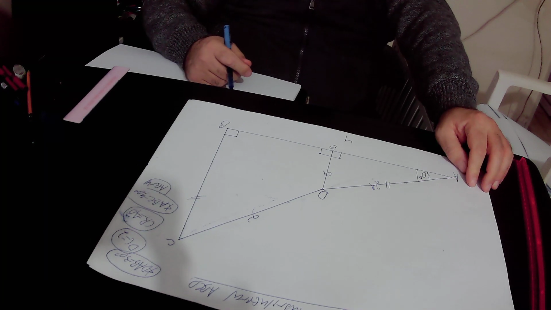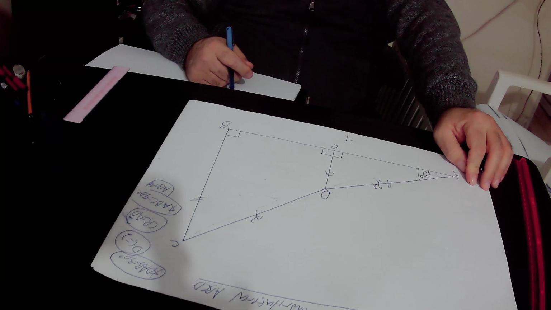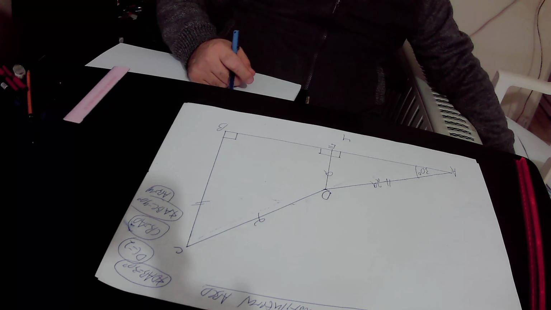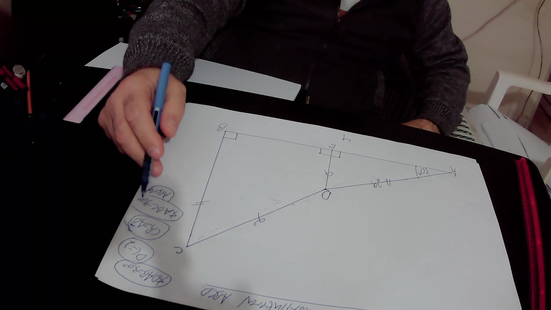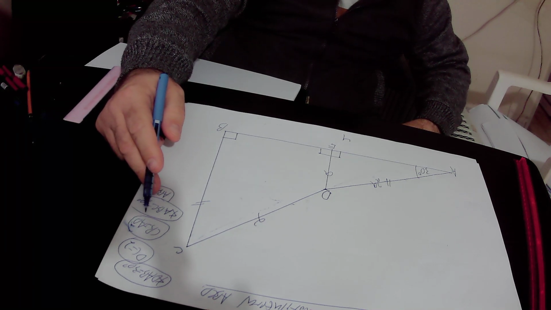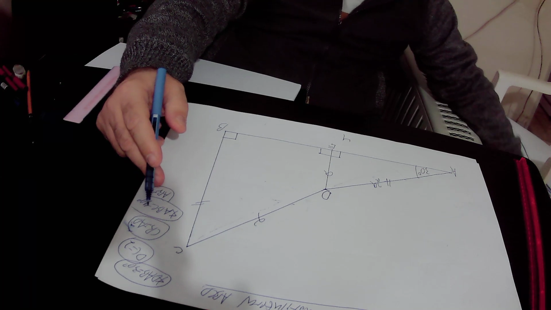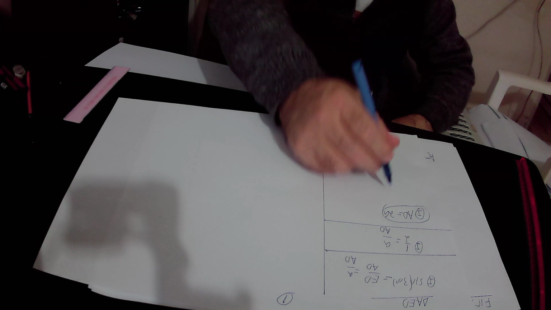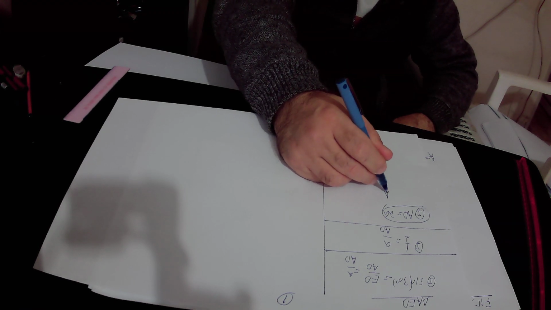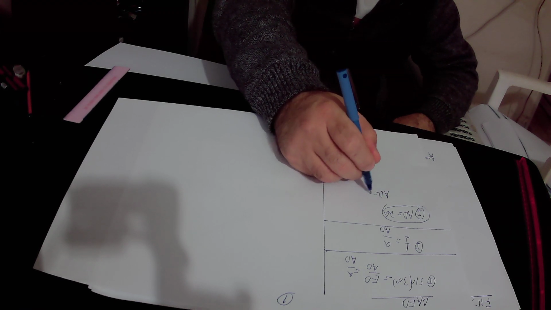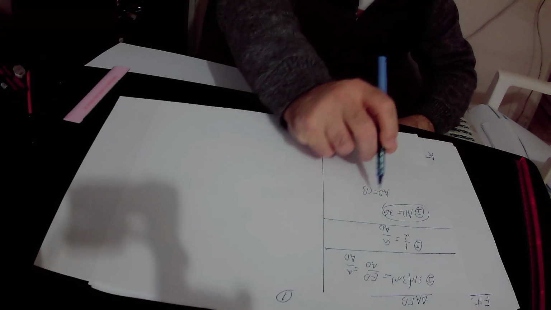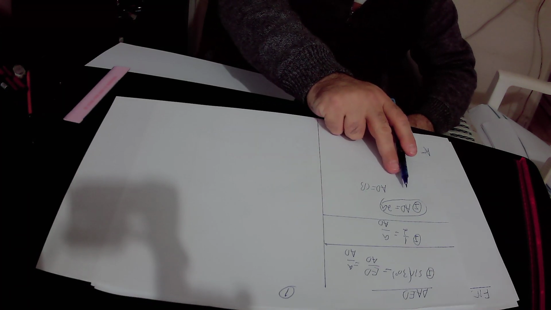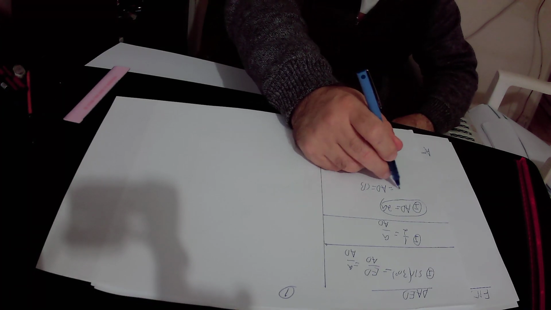And it is given in the question that AD equals CB. According to what is given in the question, we know that AD equals CB, but we already found out that AD equals 2A.